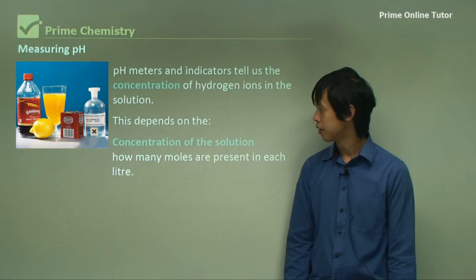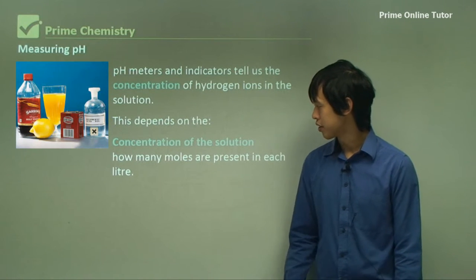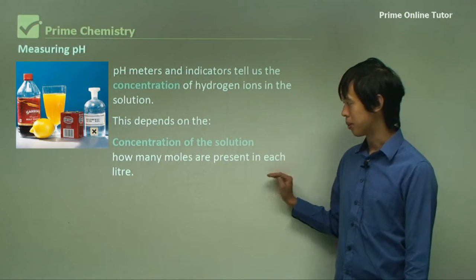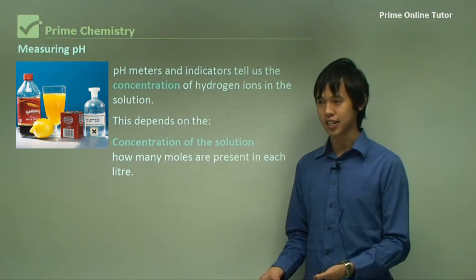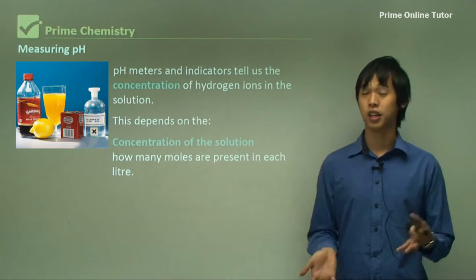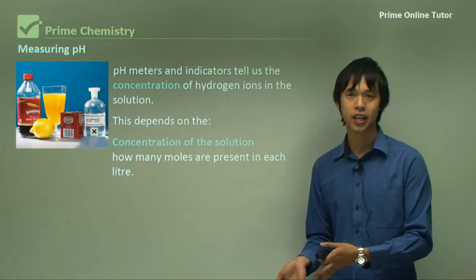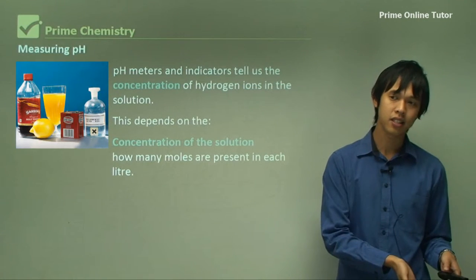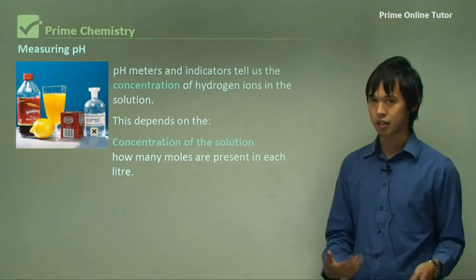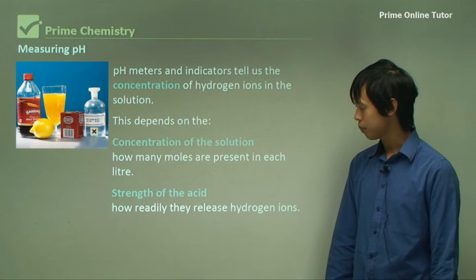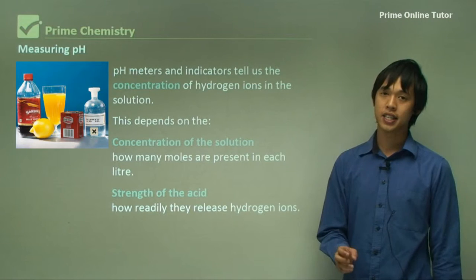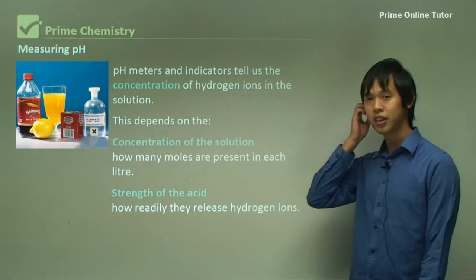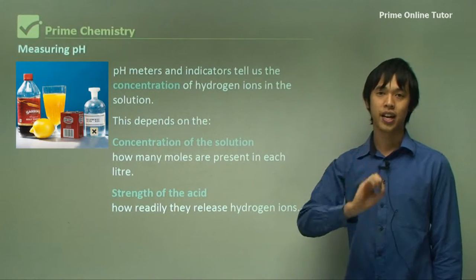Okay. So this depends on the concentration of the solution, how many moles are present in each liter. So obviously, if you've got a more concentrated acid, it'll have a lower pH than a less concentrated acid. So that's dependent on that, and also the strength of the acid. For instance, if you have an acid that is very, very strong, it will want to release all of its hydrogen ions.